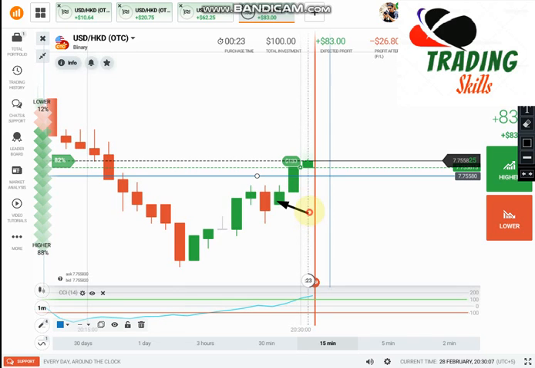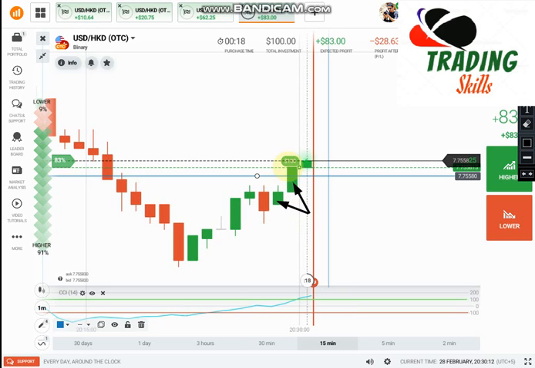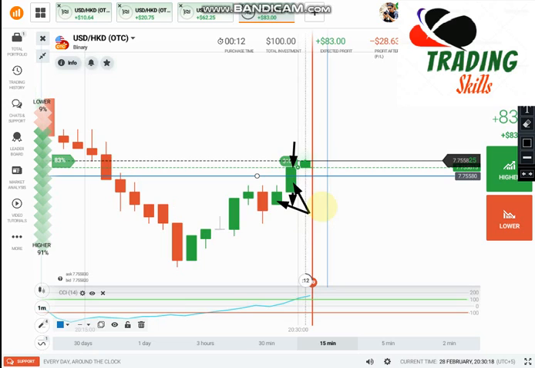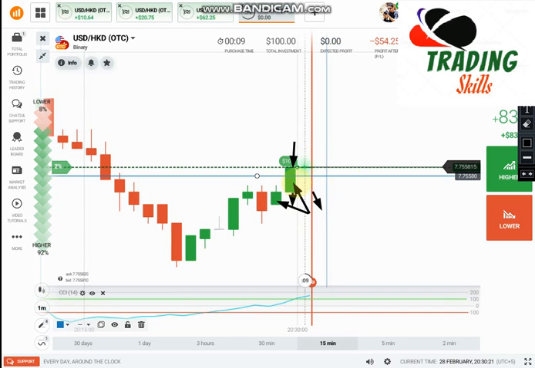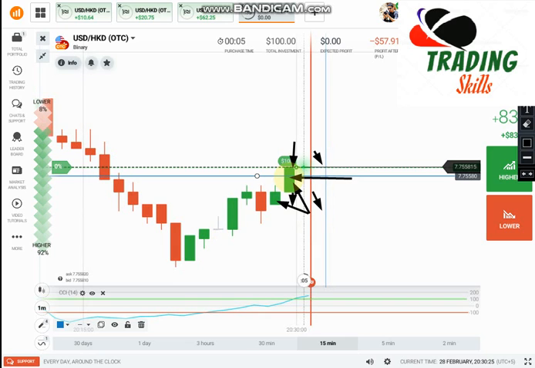Now this is a much stronger buyer's entry, and you can see there is no upper rejection, there is no lower rejection, there is no seller's entry, there is no seller's rejection. So it means that this candle is a very strong candle, so the next movement will definitely go up.